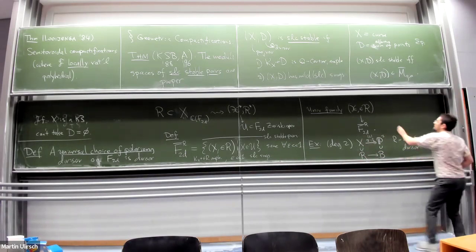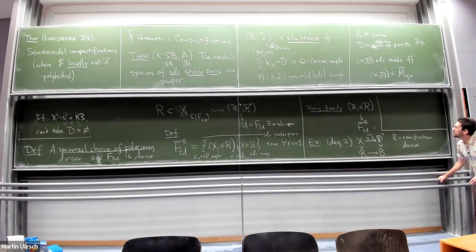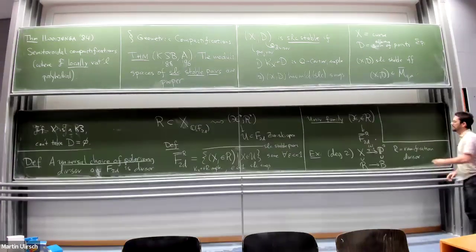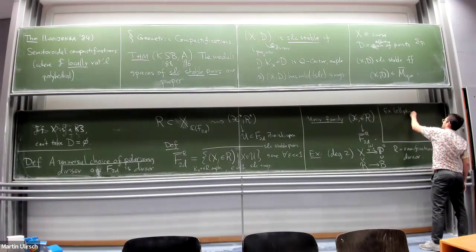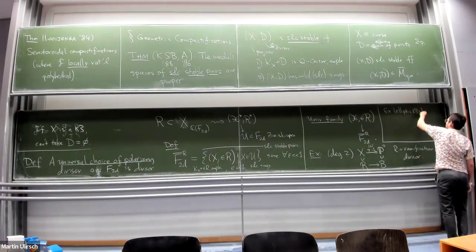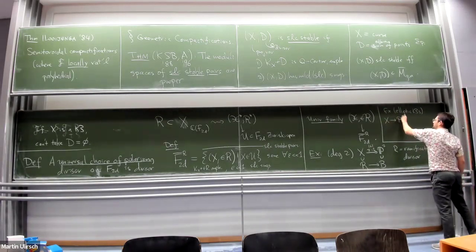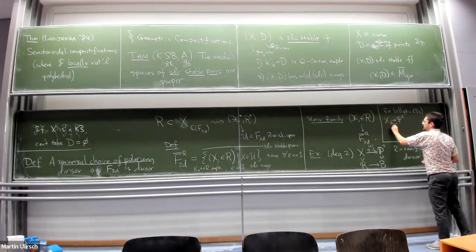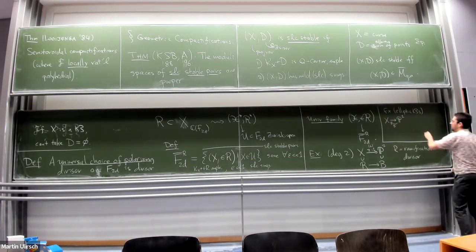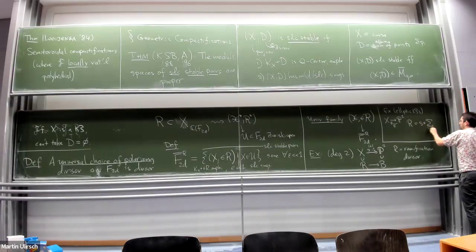Let me give one more example here. Let me consider elliptic K3s. So that's a lattice polarized moduli space, but let's ignore that for the moment. These are elliptic fibrations of the K3 surface over P1 with section S. And now I can take as my divisor R the section plus the sum from i equals 1 to 24 of the singular fibers.